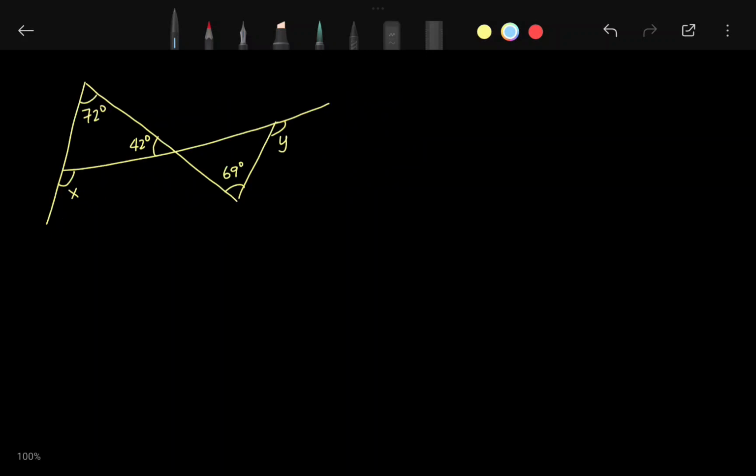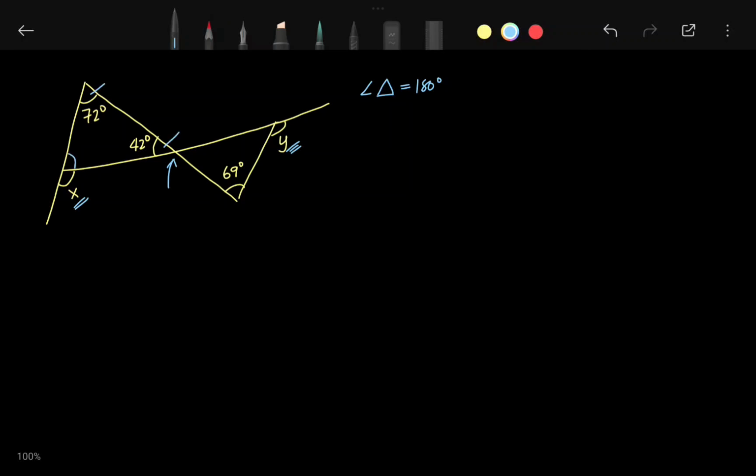Another example would be these two triangles wherein the vertices form vertical angles. Okay. What we are looking for is x and y. We will first attack each of these triangles because we know that the sum of the angles in a triangle should be equal to 180 degrees, right? It is obvious that one angle is 72 and another angle is 42.